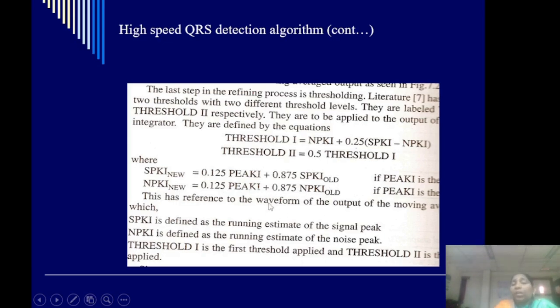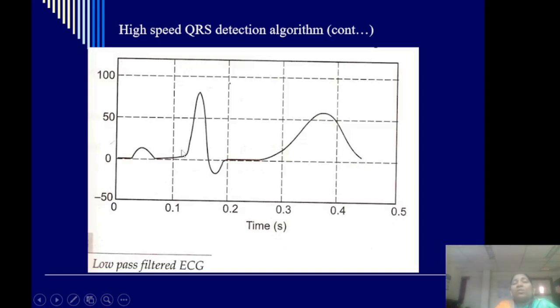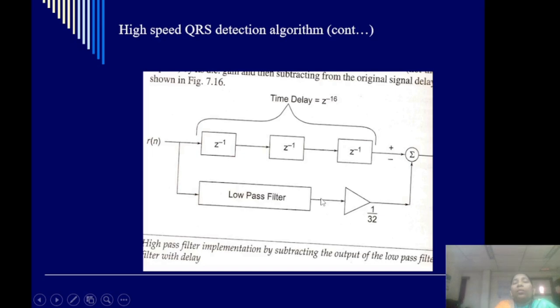So this is the threshold equation, and this is the waveform which shows the low pass filtered ECG signal, and this is the block diagram illustrating the high pass filter. It is obtained by subtracting the low pass filter from the original signal, which is given by z power minus 16 minus the low pass filter transfer function.